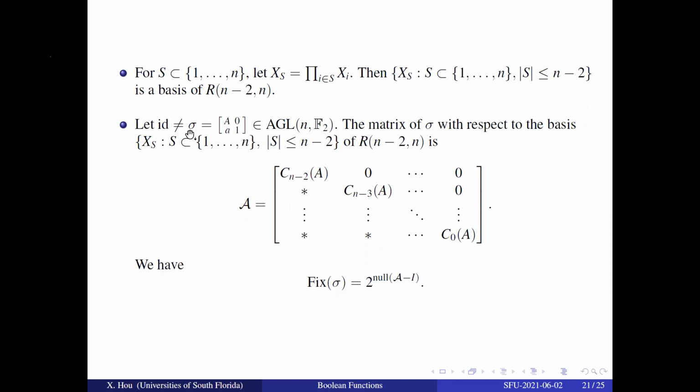If you take any non-identity element in the affine linear group, it acts on this Reed-Muller code as a linear transformation. Although it is from the affine linear group, when it acts on this Reed-Muller code, it acts as a linear transformation.